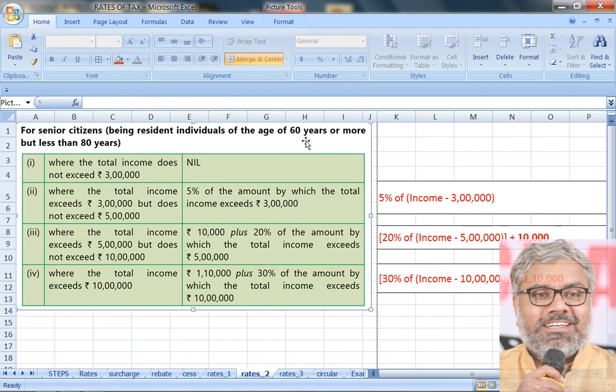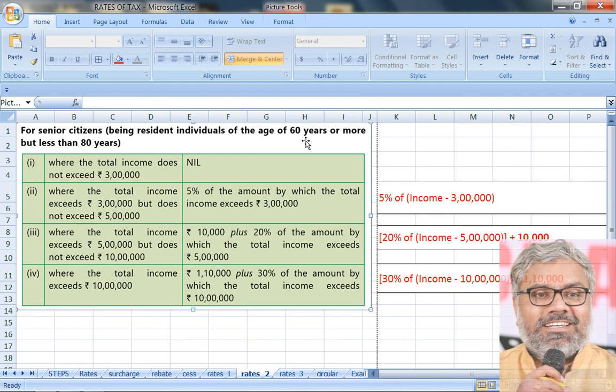So, the point here to note is, there is no need that the 60th year has to be completed. If an SSC enters into the 60th year, that means he has attained the age of 60 years, we can say. Attaining the age of 60 years is different. Completing 60 years is different.